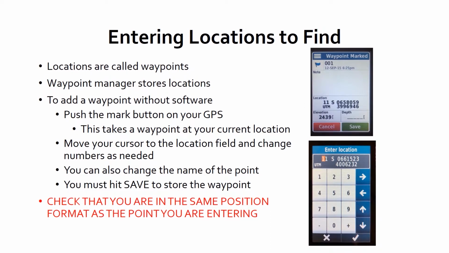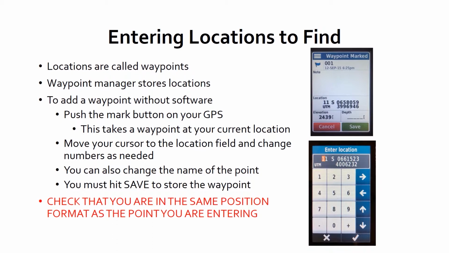Next, what you're going to do is enter a location. So you have your site that you want to go to or a point you want to go to. What you do is hit the mark button on the side of your GPS. It's the one that isn't the power button, but says mark, or you have a button on the front of your GPS that says mark. What happens is it'll come up with the screen on the top right where it tells you waypoint marked.